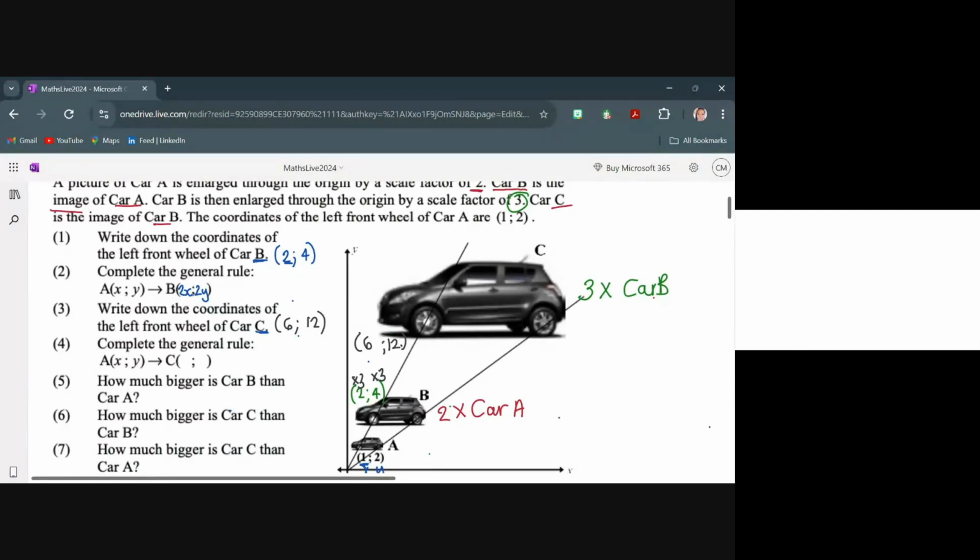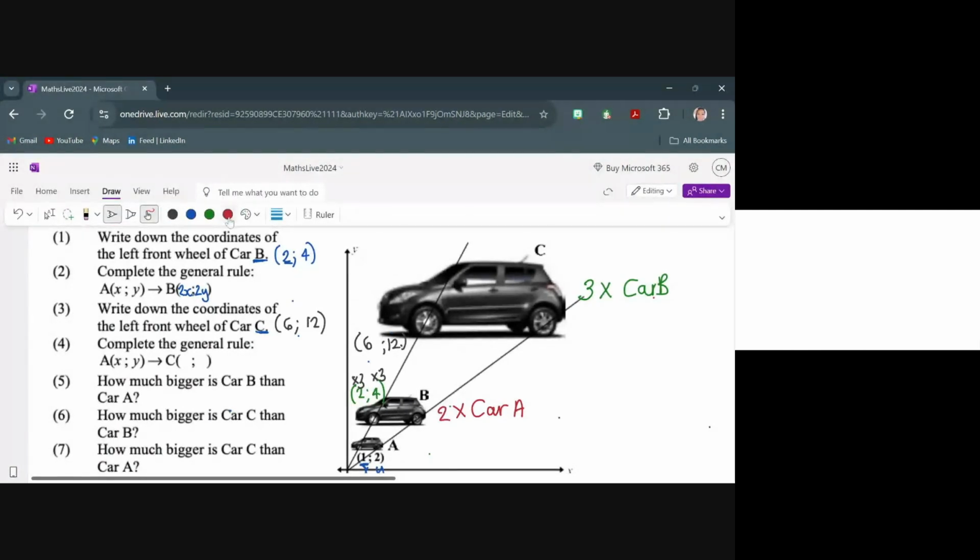Now it says complete the general rule. But I want us to look very carefully at the way that they've written the rule.